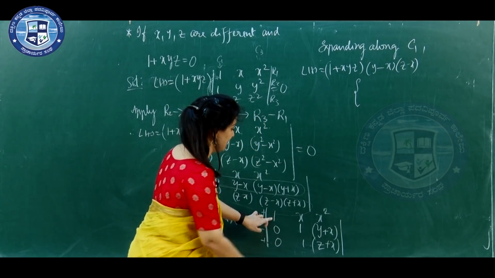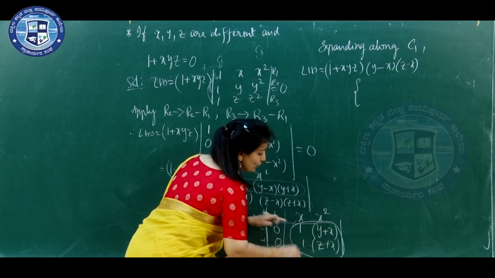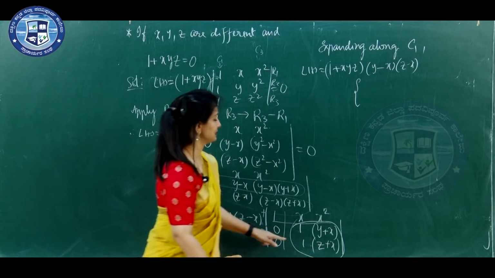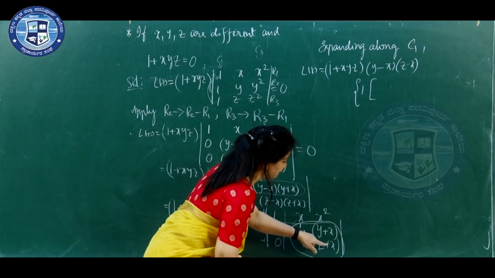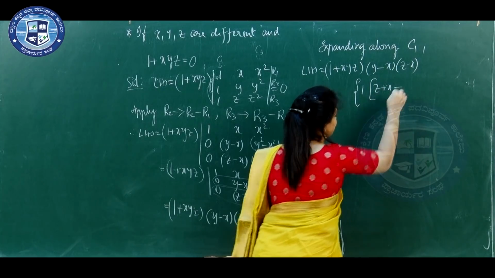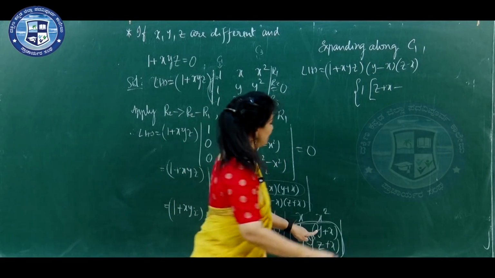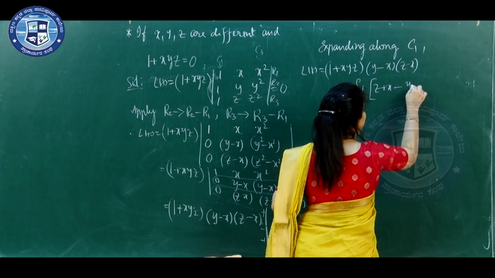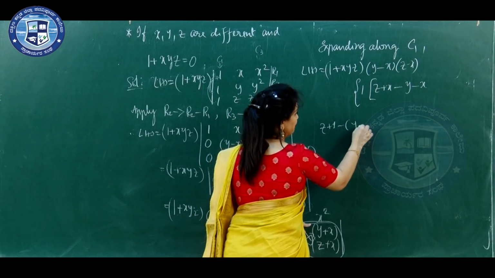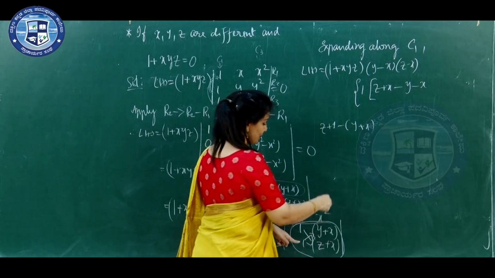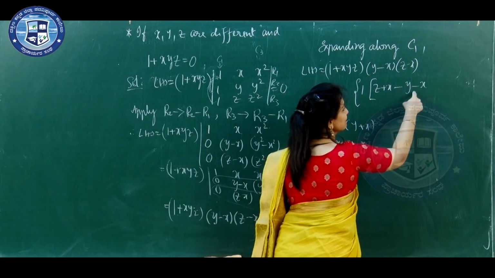We just bother about this 1, leave the row and column where 1 is. These 4 elements are there, cross multiply, get the determinant value. 1 into, cross multiply this, z plus x, minus, cross multiply here, 1 into y plus x. So it is z plus x minus y plus x, that is z plus x minus y minus x.